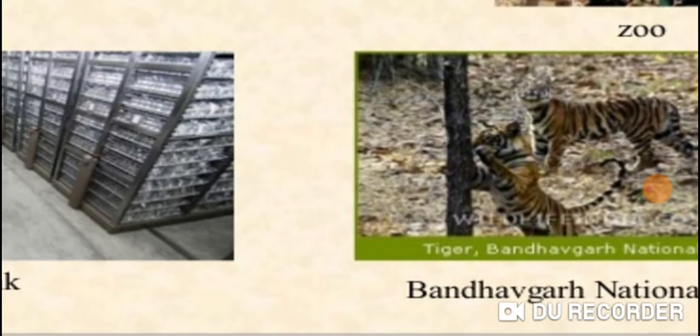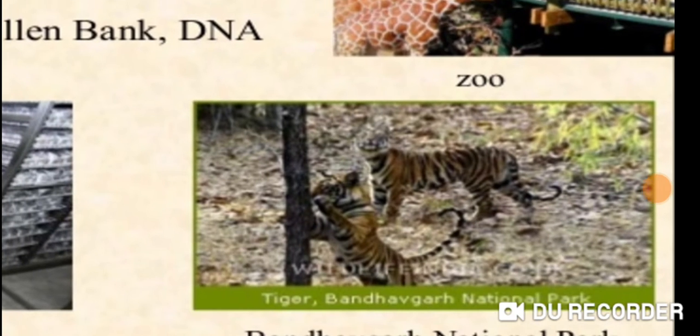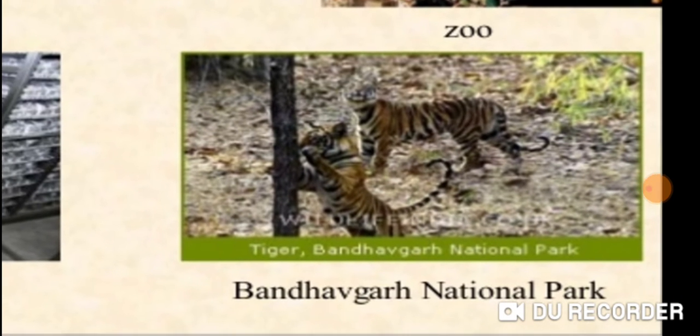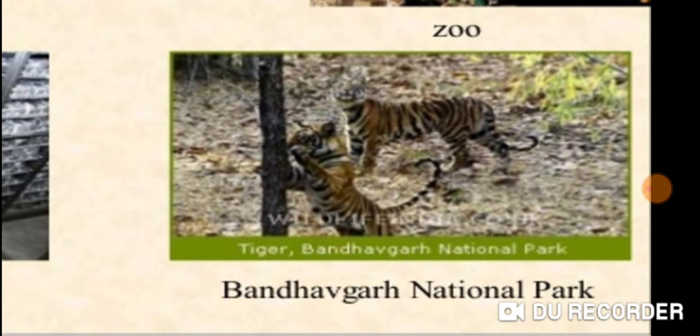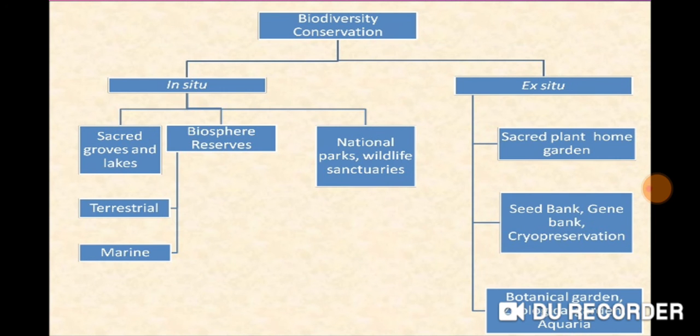And here is the zoo, a national park, in situ protection or a wildlife area where we can save and conserve these species. So in situ, we can develop some groves, some lakes, biosphere reserves. We should leave some forest area where natural biodiversity of living things can exist.